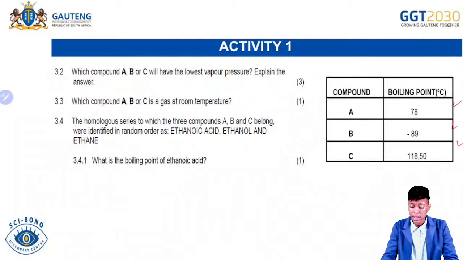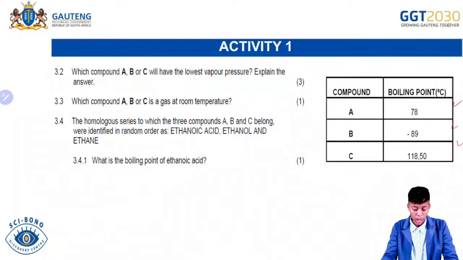We have learned that the boiling point, the melting point, and the viscosity are directly proportional, or as one increases, as the boiling point increases, the melting point will increase, and the viscosity will increase as well. But if all the three increase, then the vapor pressure will decrease.